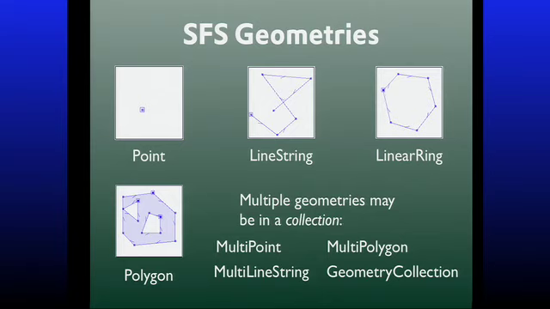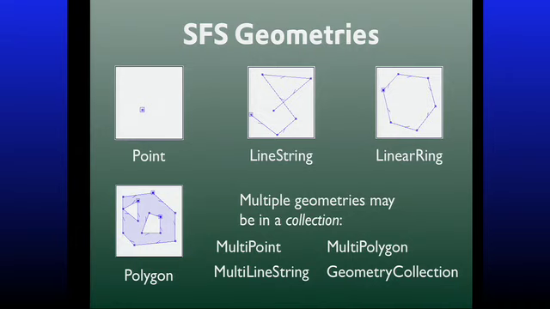All right. So in the simple feature specification, there is a set of geometries. We've got point, which is just a simple XY point, a line string, which is a sequence of points, a linear ring, which is still a sequence of points, but they're closed. In other words, the first point is the same as the last point. And finally, a polygon in its simplest form is one linear ring with the area enclosed in it, and you can have zero or more inner rings that you can specify.